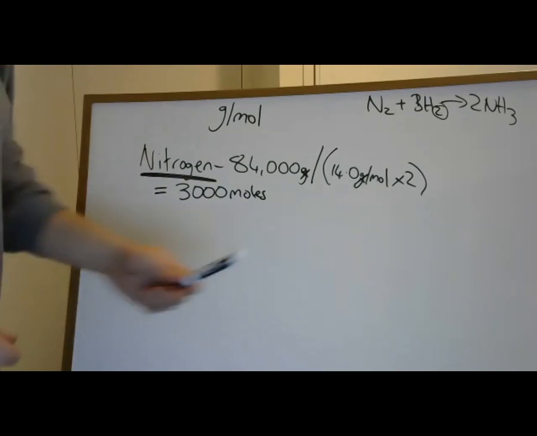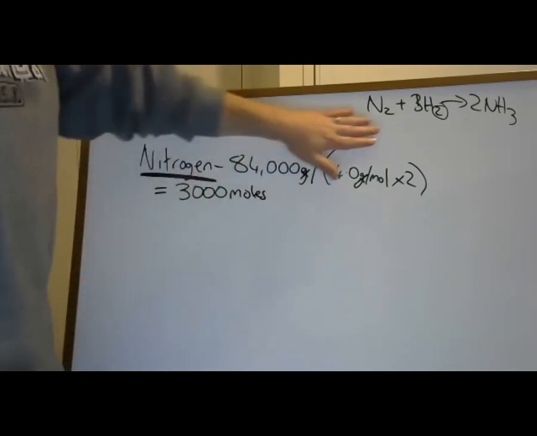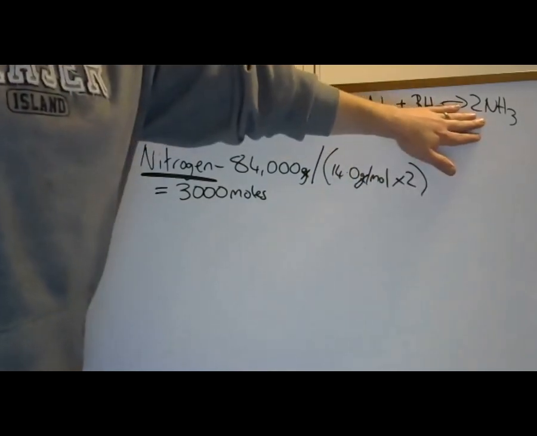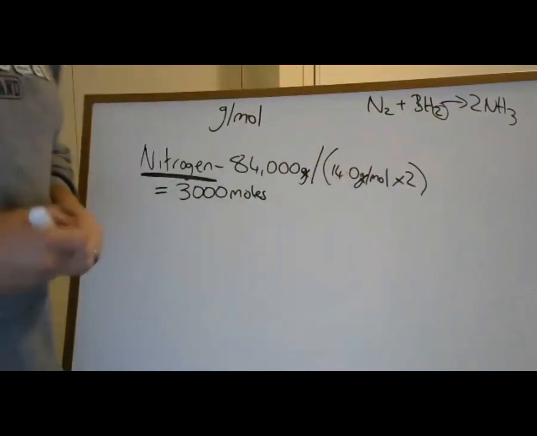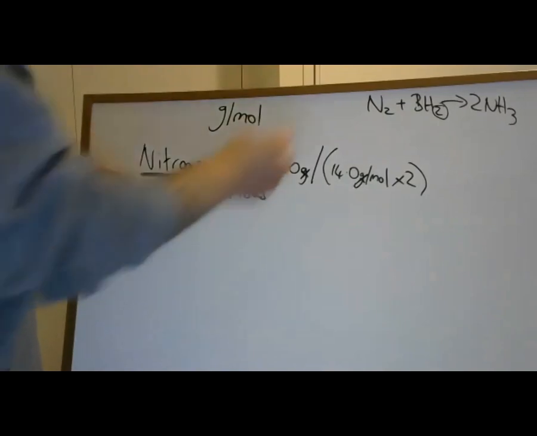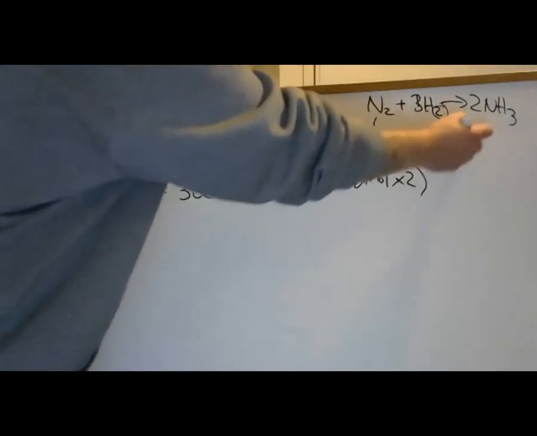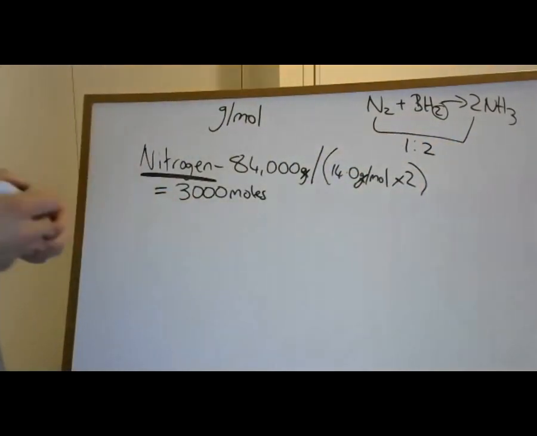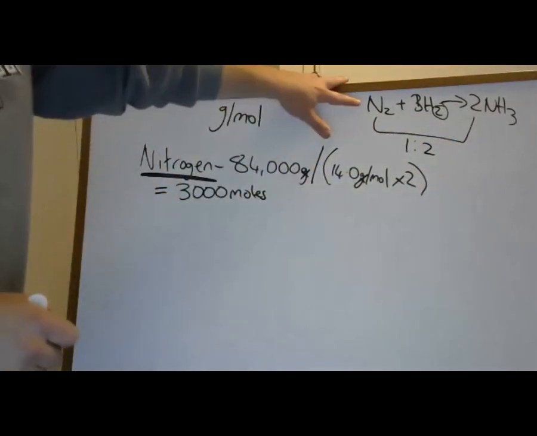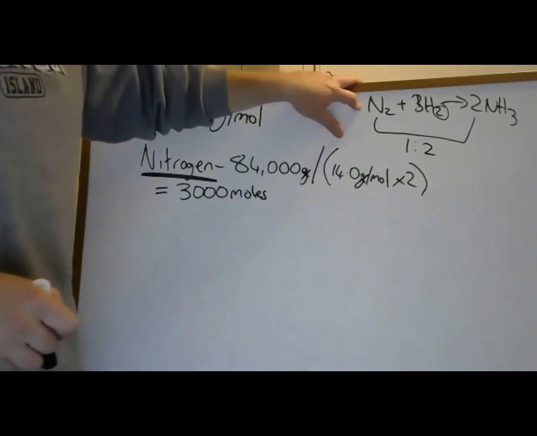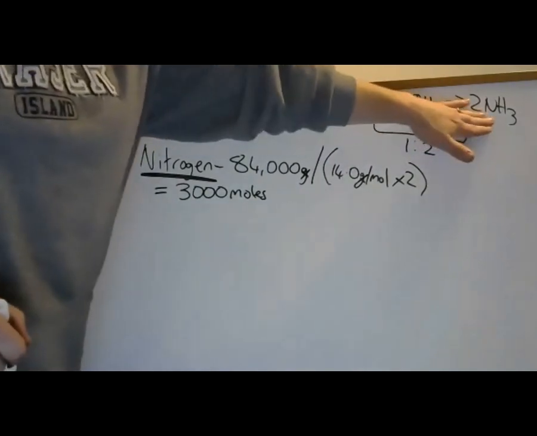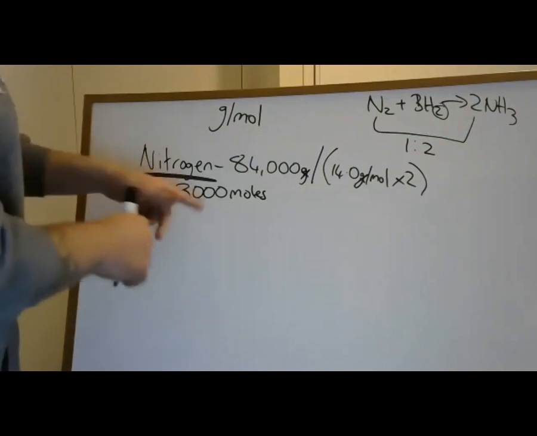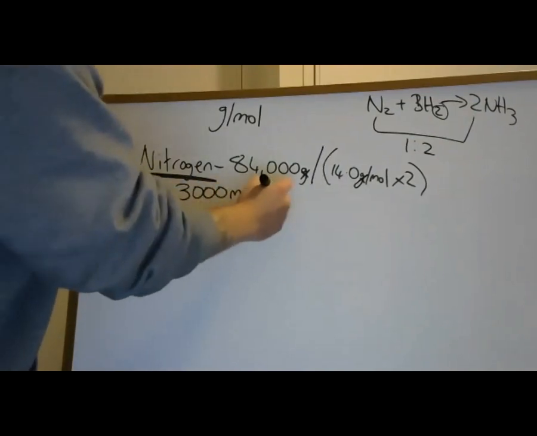So if we go back to our balanced equation, 1 nitrogen can produce 2 ammonia. So the stoichiometric ratio is 1 to 2. So 1 nitrogen produces 2 ammonia. So we times 3,000 by 2.